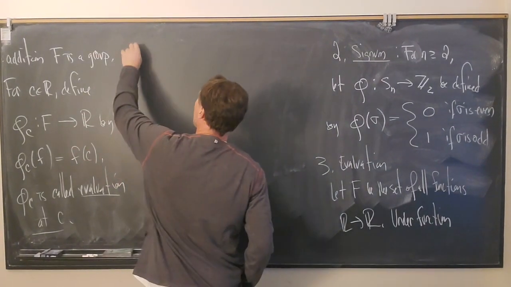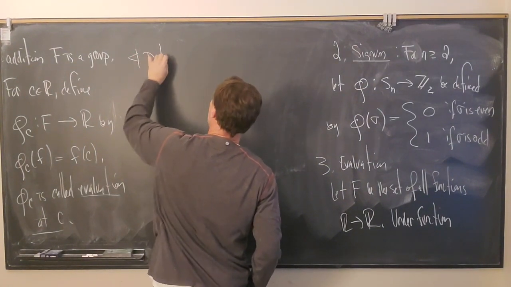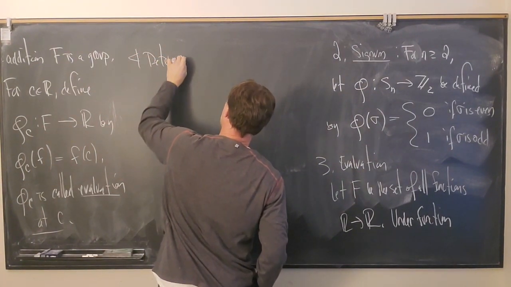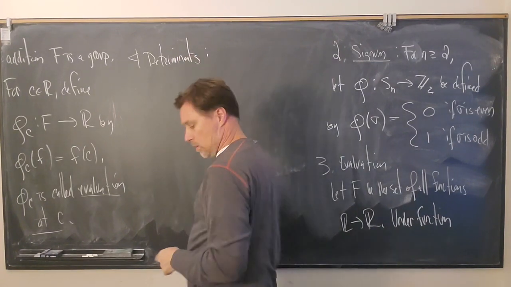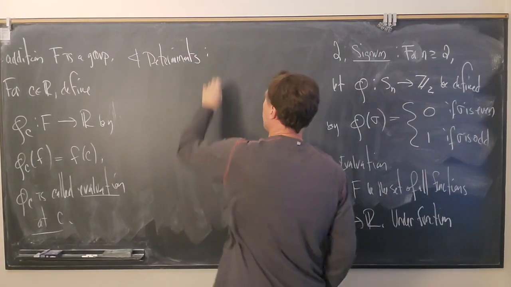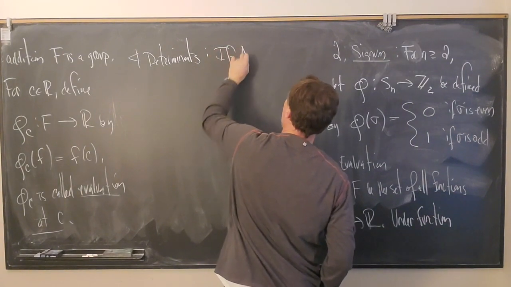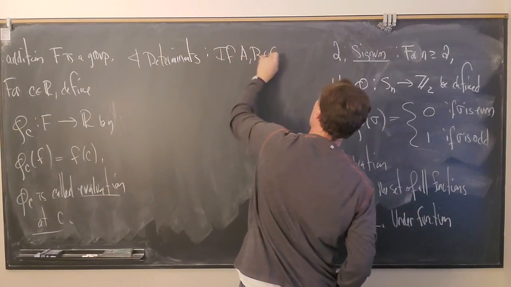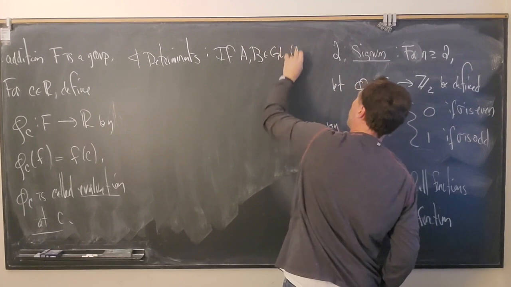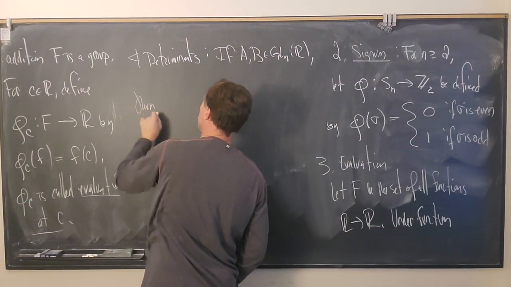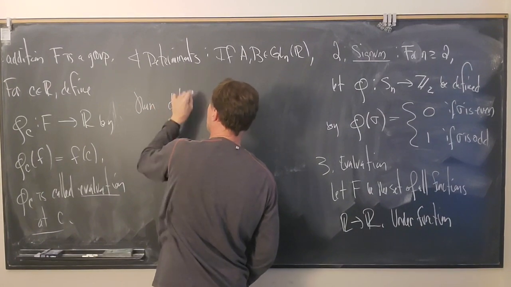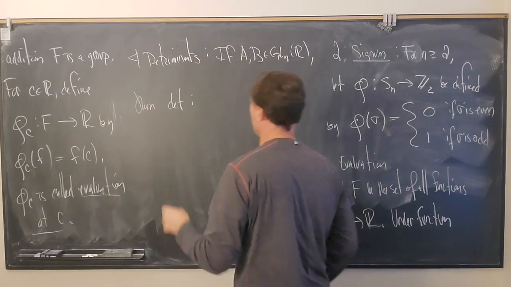Next one. Determinants. So if we take a couple of matrices, so let's say A and B are in GL_n(R), then the determinant can be viewed as a function.